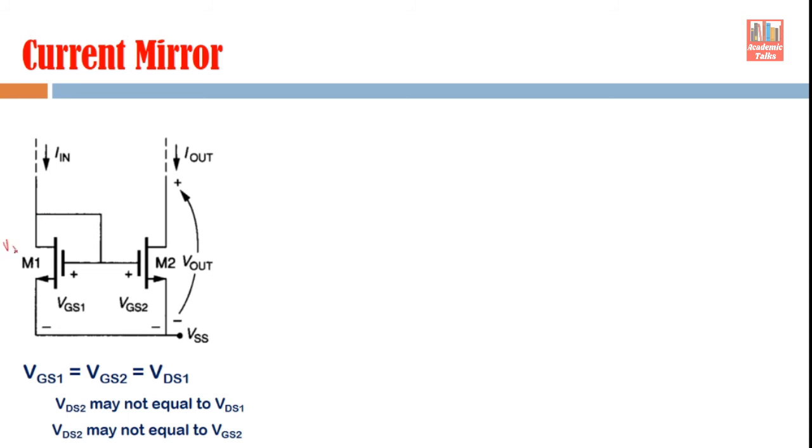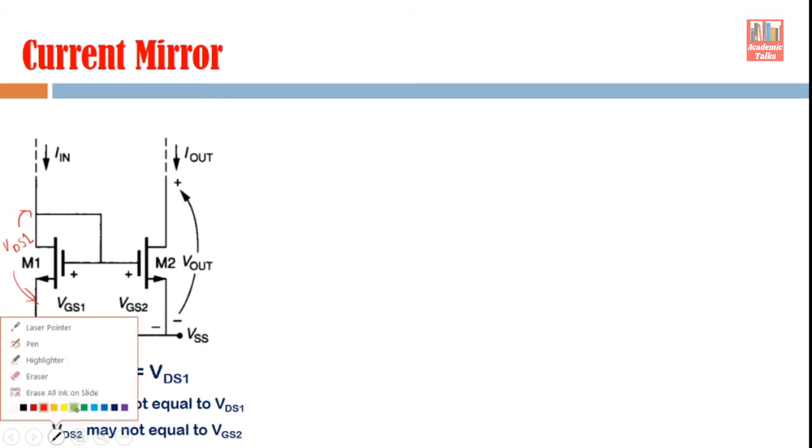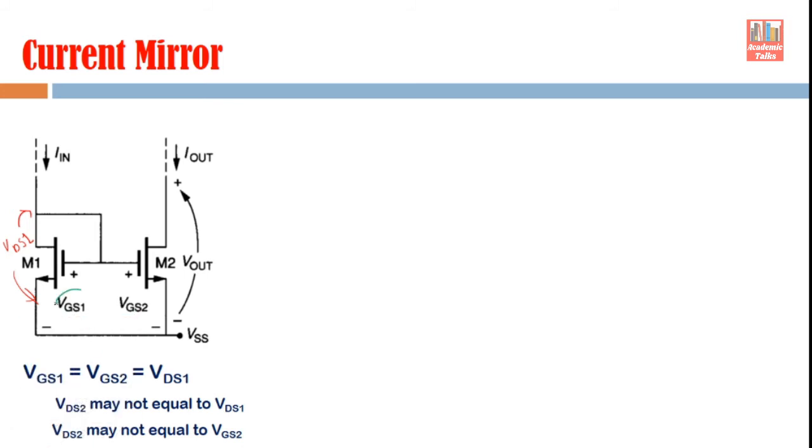Again I'm indicating here, VDS1 is the voltage between this terminal and this terminal, and let's mark it again with green to make it clear to you that whenever you go for this kind of analysis, remember that these three voltages which are marked with this green color are always the same, right? Okay. Now the two MOSFET devices are connected like this, the gates connected together, right?